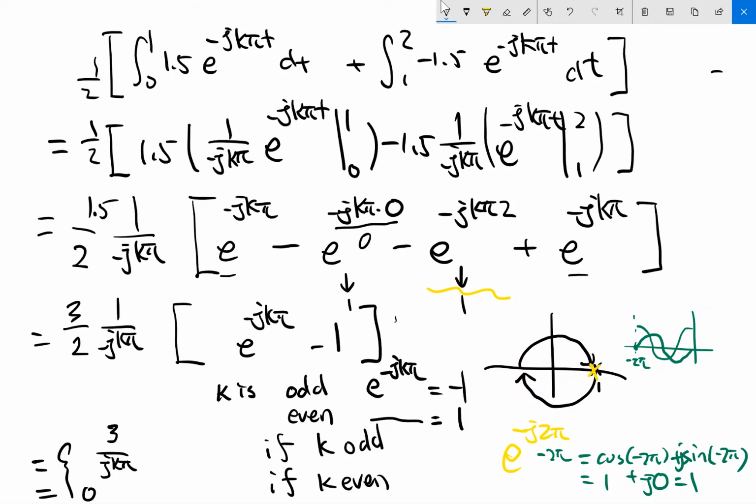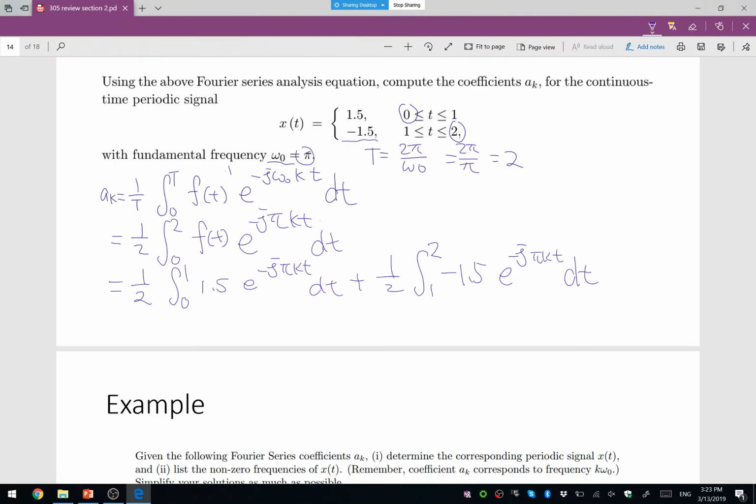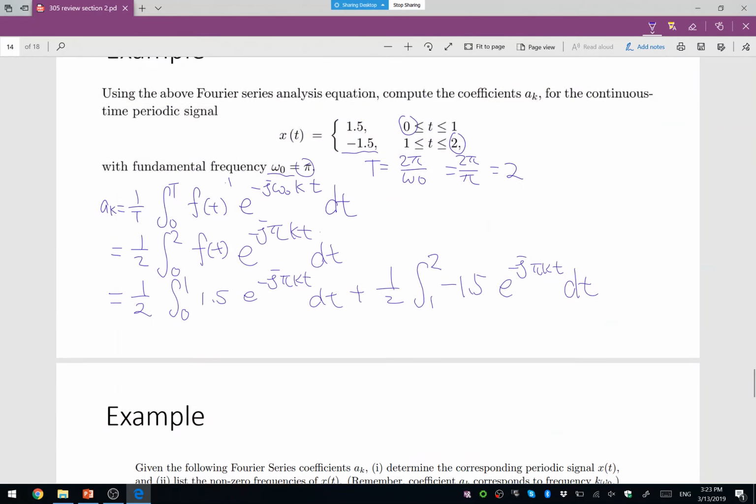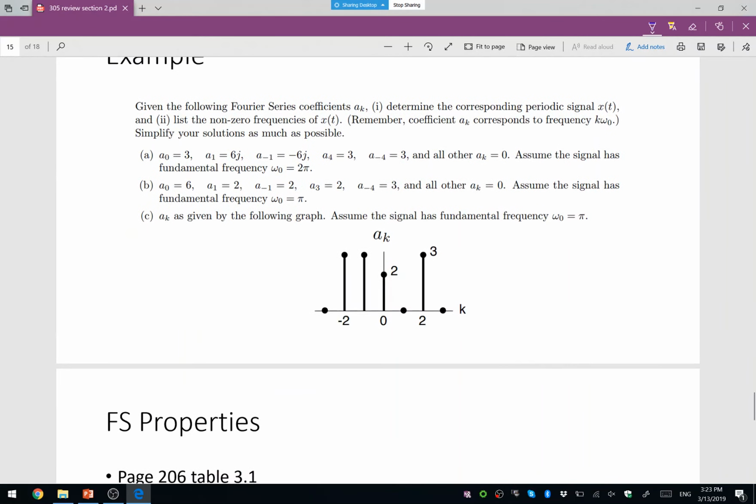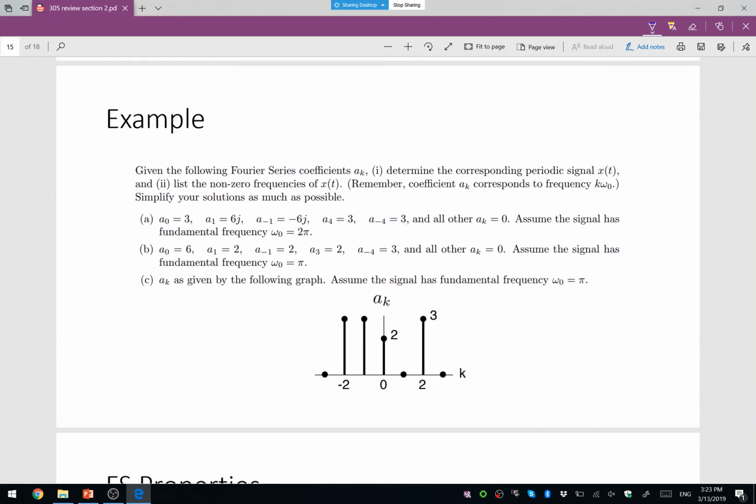Okay, then let's do this example. This is about synthesis, transforming a_k to x(t), so transforming from the frequency domain back to the time domain. In this problem, usually we get omega 0 given, or t given still.